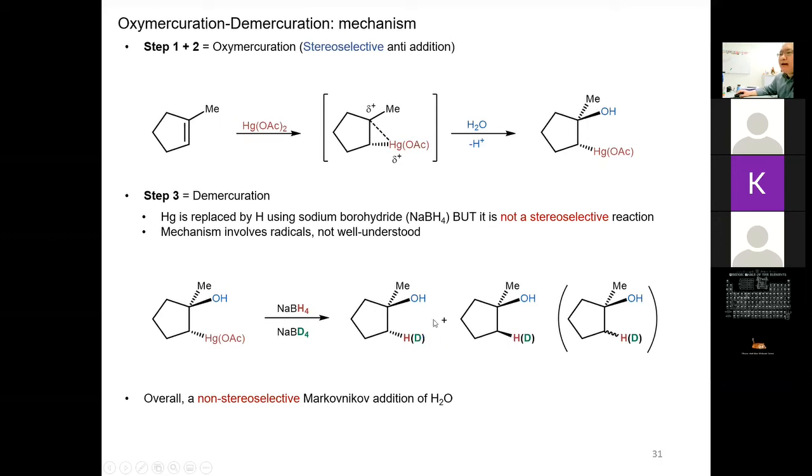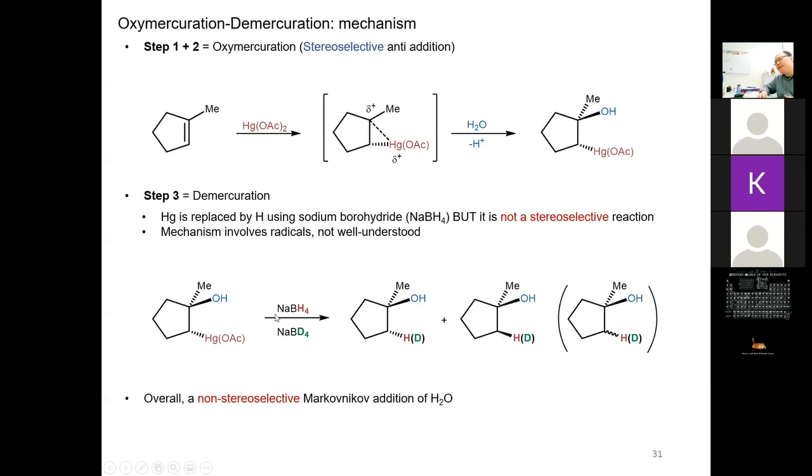All right, but the bad thing about this reaction is that the mechanism is not well understood, and the net result is that it will mess up the stereochemistry of this carbon. Okay, so at the beginning, the mercury is on the opposite side of the OH, but at the end it's all messed up. Now the hydrogen can be on the same side of the OH after it replaces the mercury.